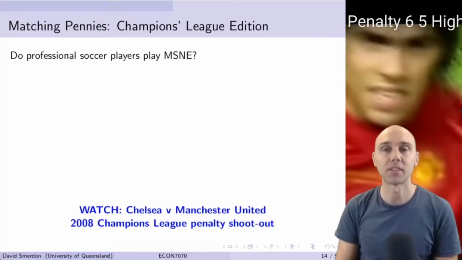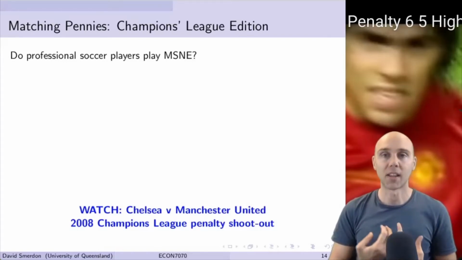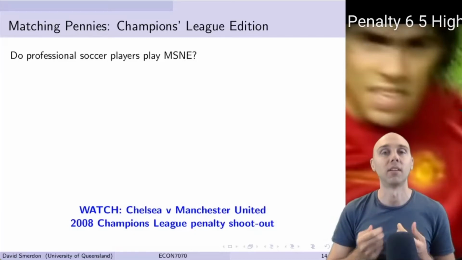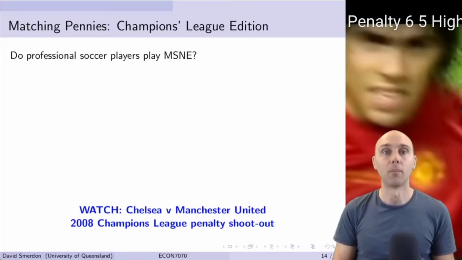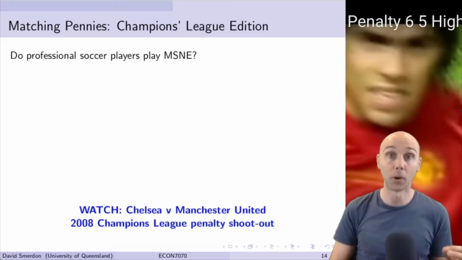Now, the Champions League is the largest and richest football competition in the world. It's held every year. It's incredibly lucrative, watched by billions of people around the world. And in this particular final in 2008, two of the richest and most decorated clubs in the world were competing against each other. They were both English.